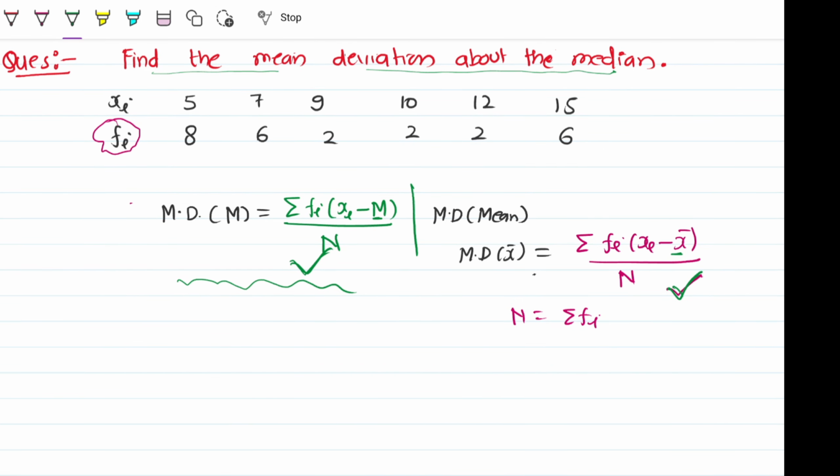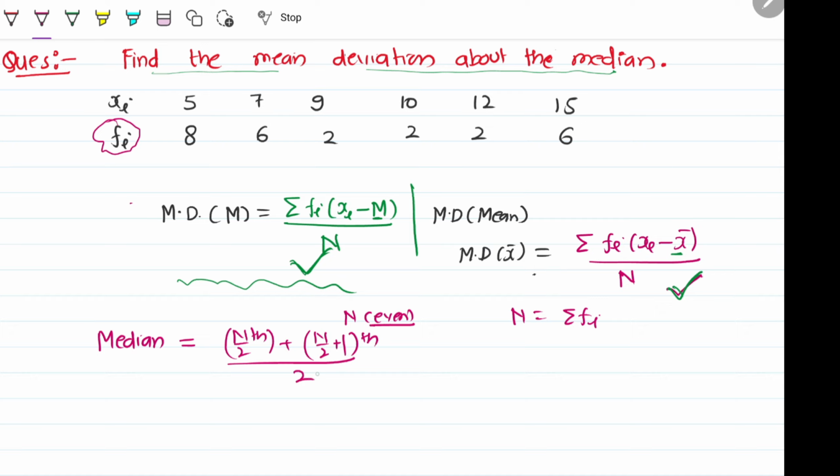What is the formula for the median? Do you remember? For grouped data, the median depends upon your capital N. If capital N is even, then the median is the (N by 2)th item plus the (N by 2 plus 1)th item, upon 2.